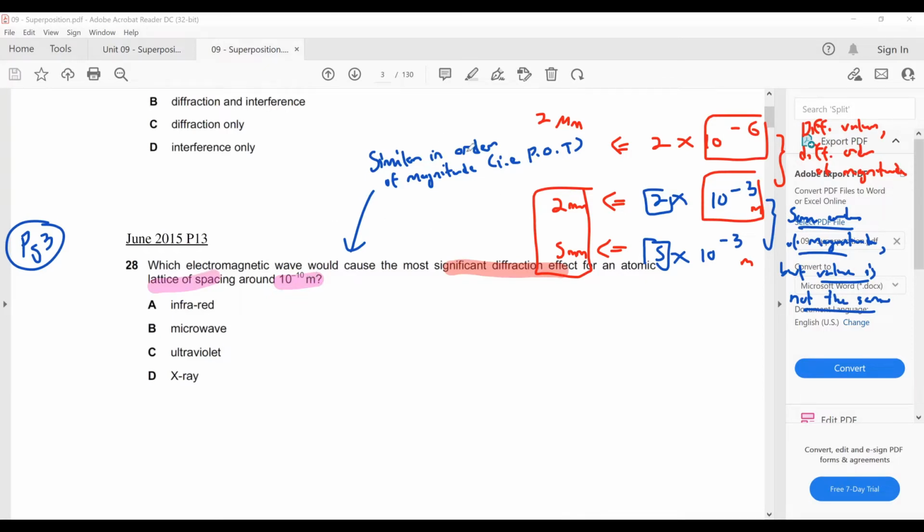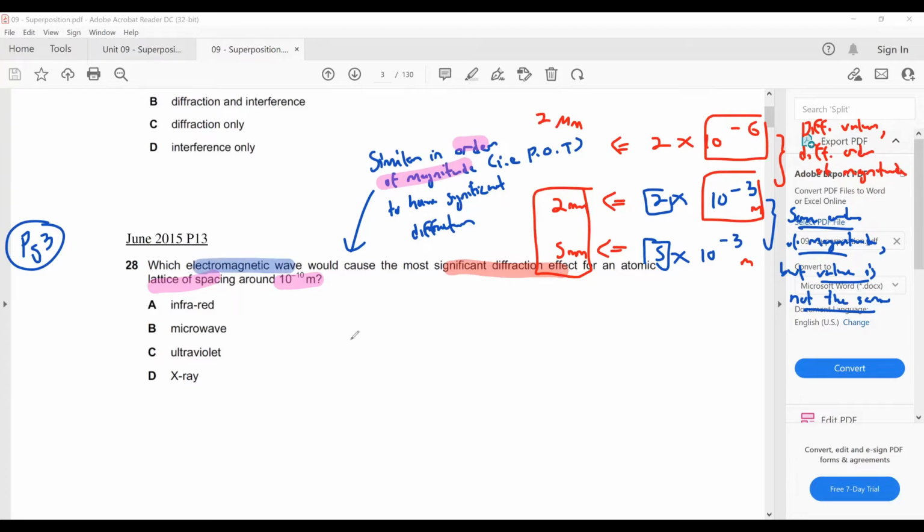You need to find a wave whose wavelength is similar order of magnitude to have significant diffraction. So you're talking about electromagnetic wave.